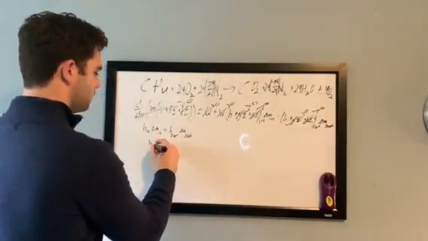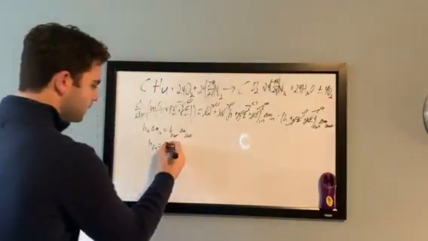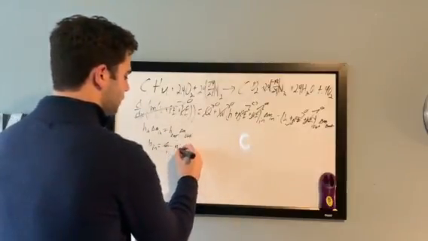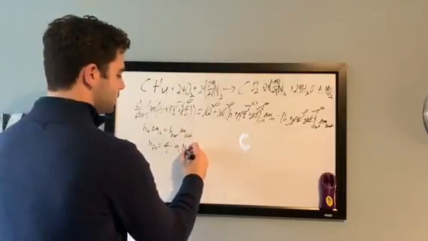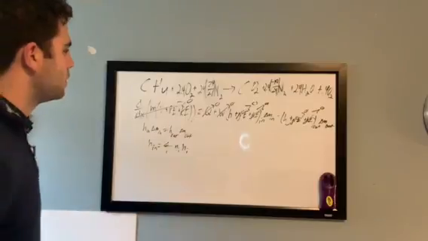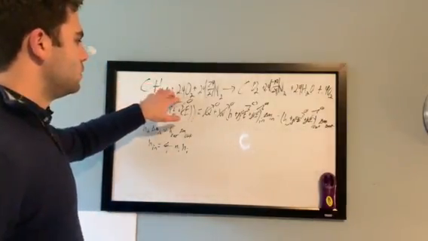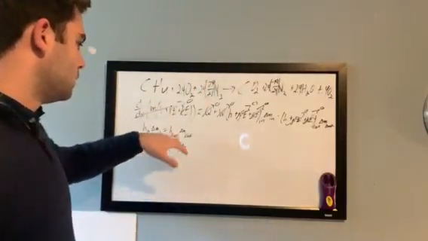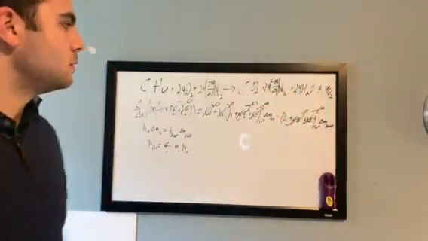The enthalpy inside is going to equal the summation over species i of the moles of species i times the enthalpy of species i. If you want the enthalpy inside, you're going to use the reactants, and if you want the enthalpy outside, you're going to want the products.